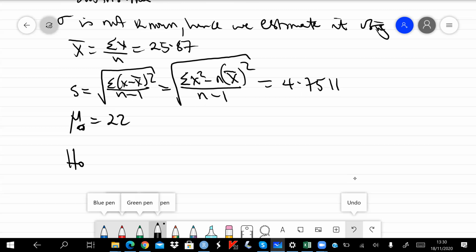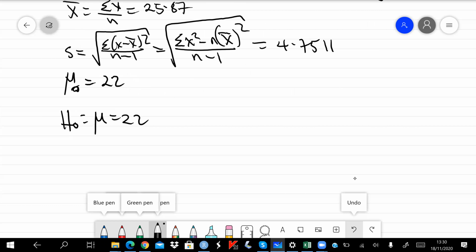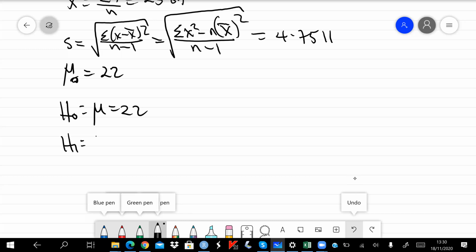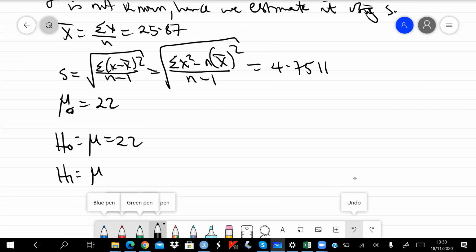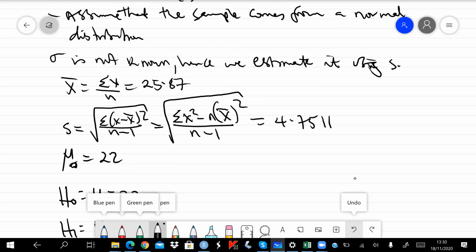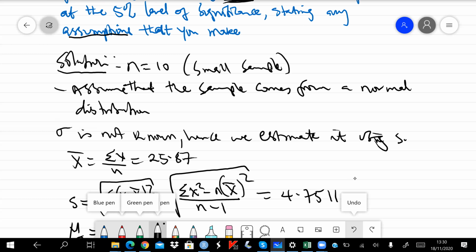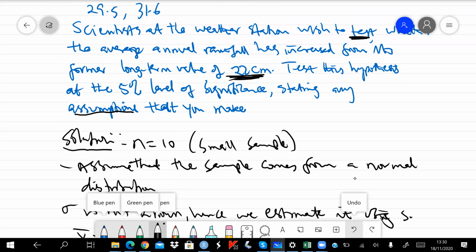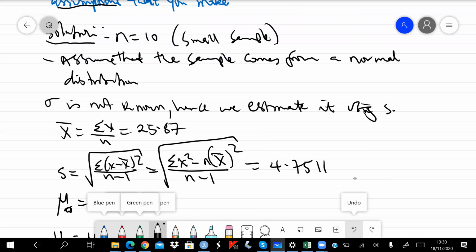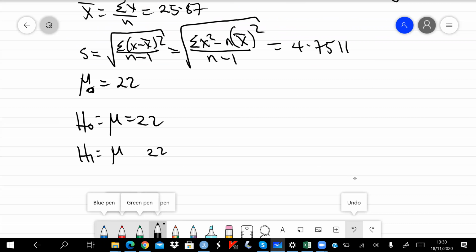So H naught will be that mu is equal to mu naught. Then we test that one against H1. We are testing whether the mean annual rainfall has increased from its former value of 22. So we are testing whether mu is actually bigger than 22. Okay, so this calls for an upper tail.